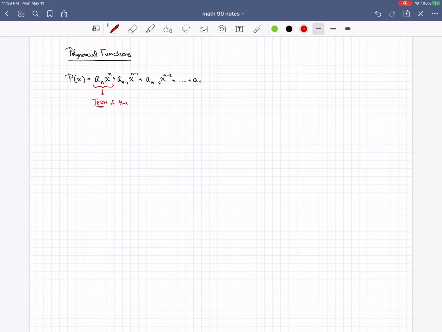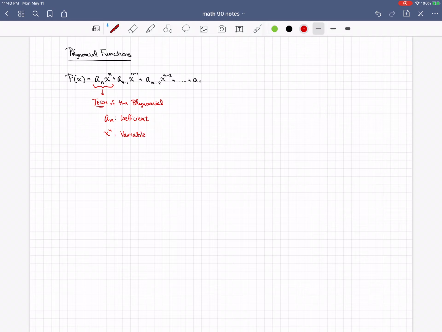And a term consists of a coefficient, which in this case is played by a sub n. So I'm going to say here a sub n is the coefficient. And then x to the power n is the variable part.